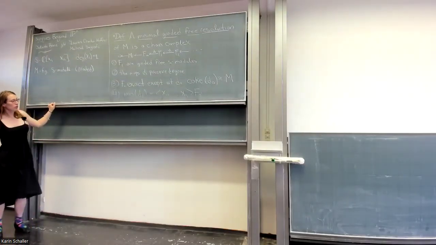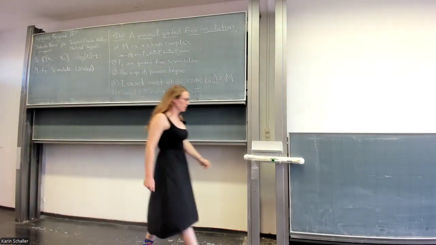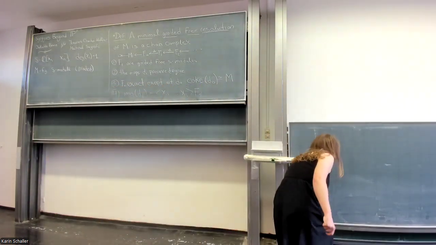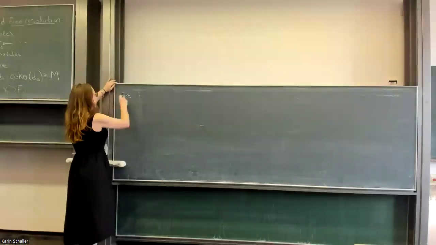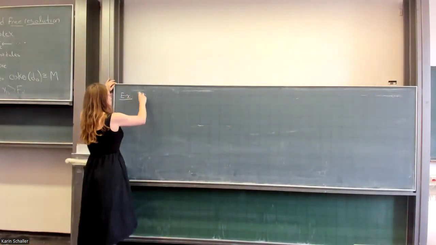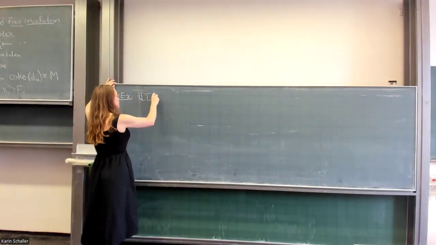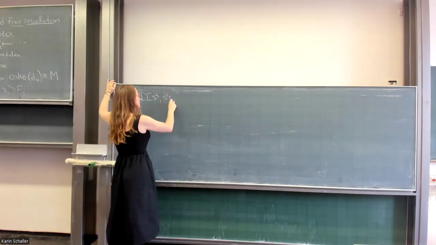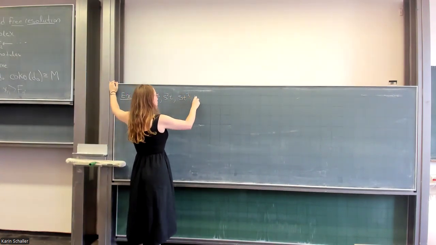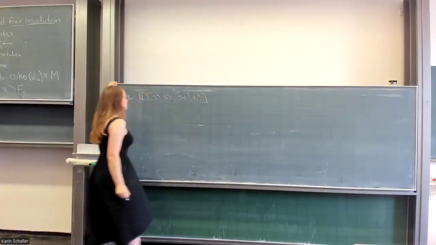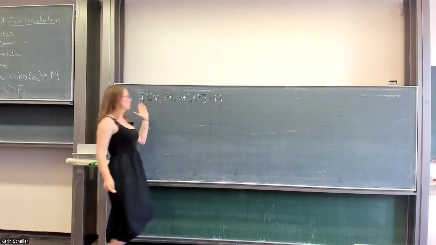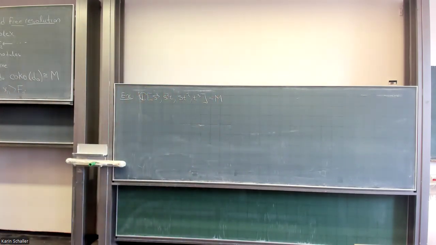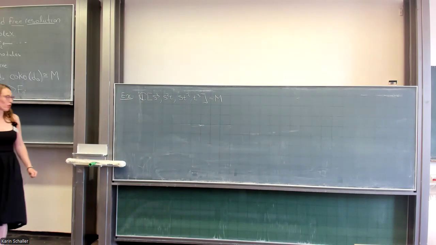Let's see an example of such a thing. To give an example, I have to give you a module. Let's look at the module C adjoined s cubed, s squared t, s t squared, and t cubed. This is going to be my M. Right now, it's only presented as a subring of the polynomial ring on two generators.